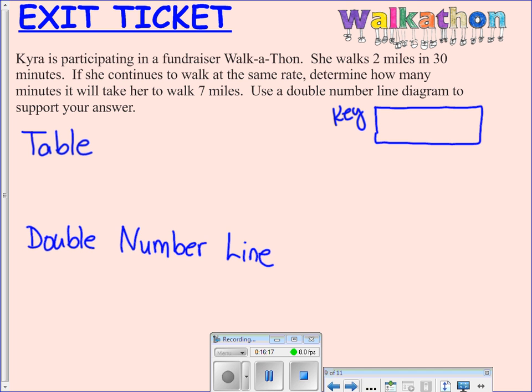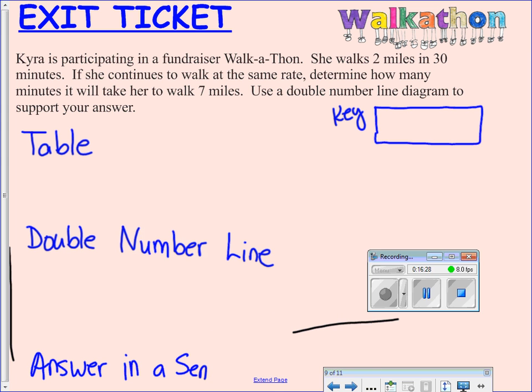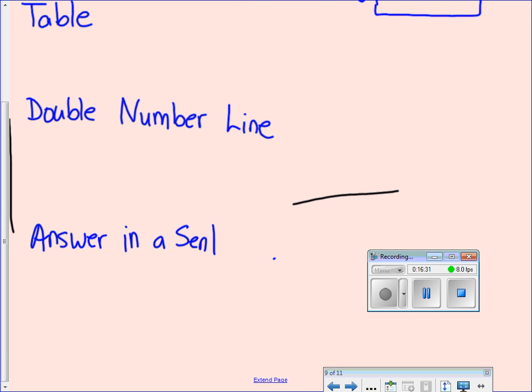And then down at the bottom, you should have your answer in a sentence. And then I also want a statement if it's reasonable. You only have to do one table and one double number line. In our notes, we did them separately so you can see the steps. And make sure you use your notes as a reference.